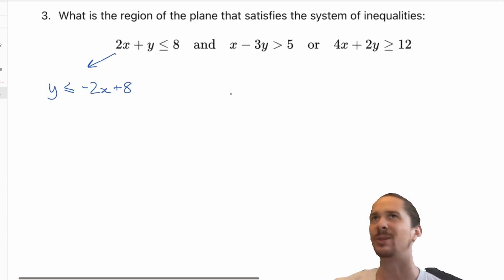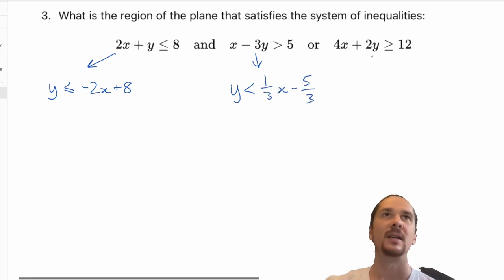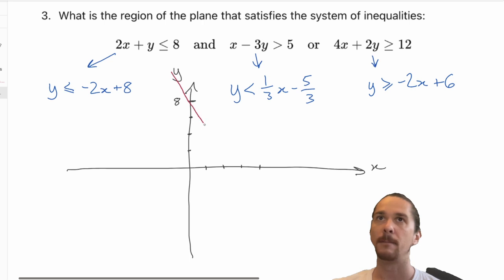Okay, y is less than or equal to negative 2x plus 8. I'm seeing some real recurrent equations popping up. y is less than 1/3 x minus 5/3. And y is greater than or equal to negative 2x plus 6. Awesome. The first goes through the 8 and the 4, and it's a solid line.